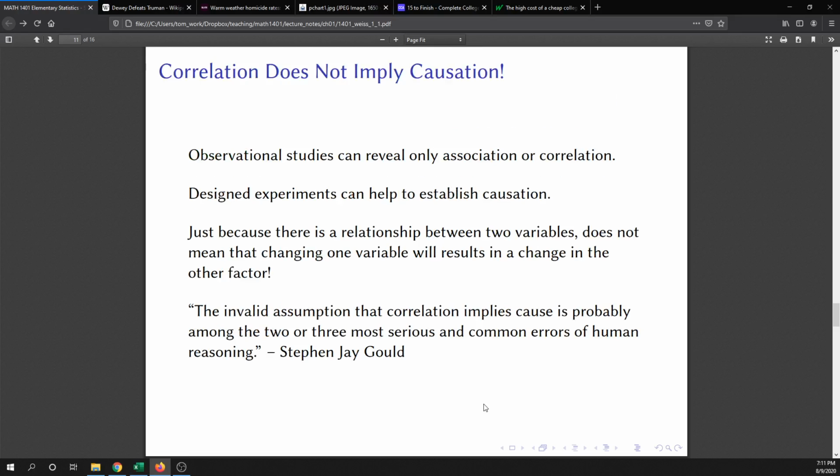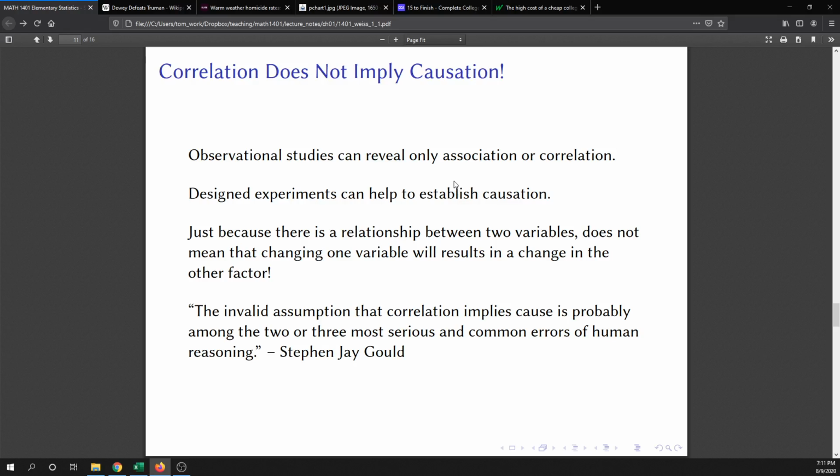All right, so that is a small classification of statistical studies, and if there's one thing that you come away from in this class, it is extremely important that you realize this fact: correlation does not imply causation.